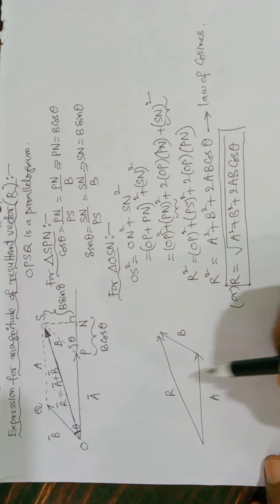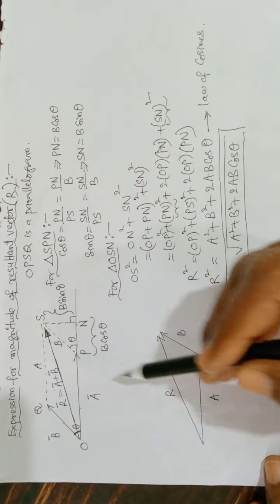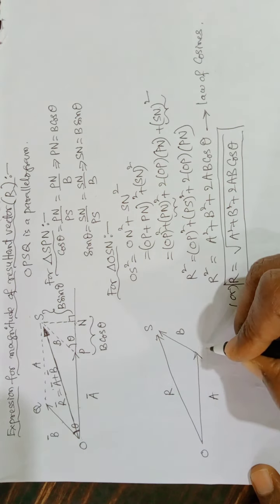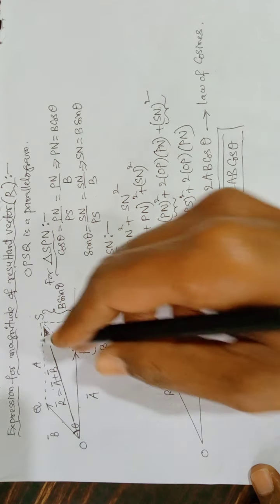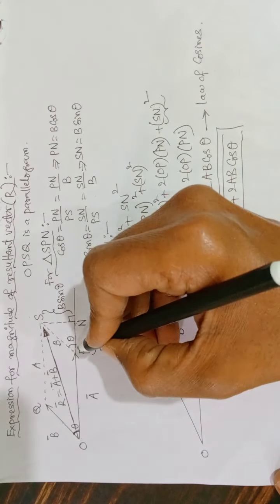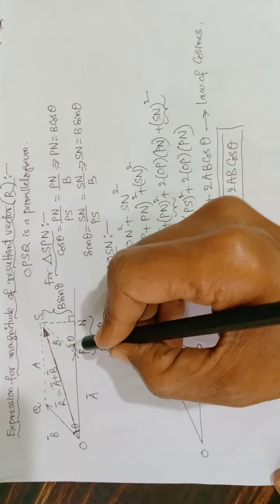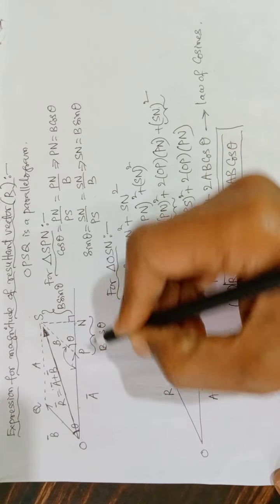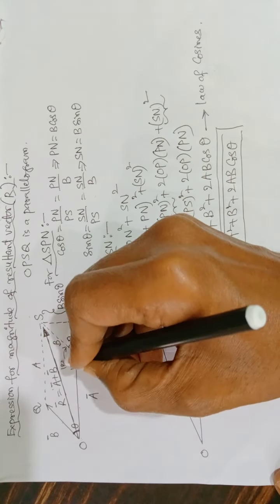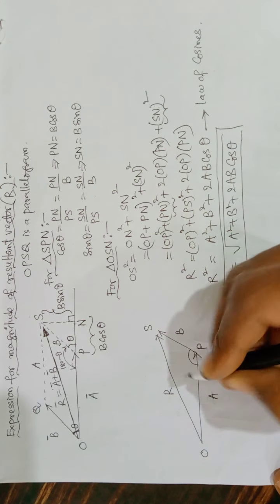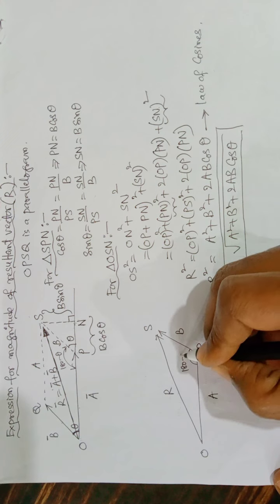Here the triangle OSP is redrawn. This is theta, and since this is a straight line, this angle becomes 180 minus theta.